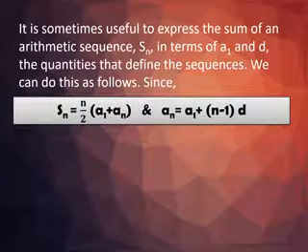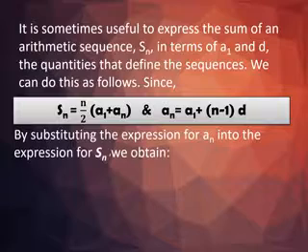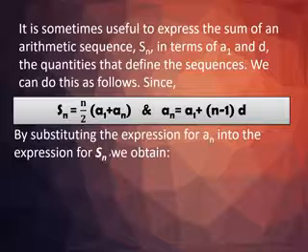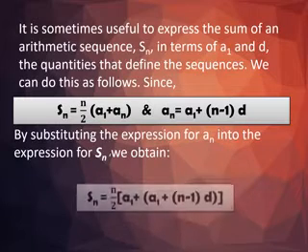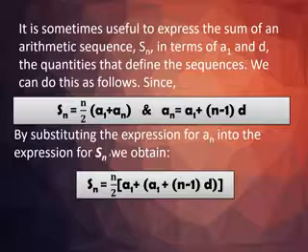Since S sub n is equal to 1/2 of n times the quantity a sub 1 plus a sub n, and the nth-term formula a sub n is equal to a sub 1 plus the quantity n minus 1 times d, by substituting the expression for a sub n into the expression for S sub n, we obtain S sub n is equal to n over 2 times a sub 1 plus the quantity a sub 1 plus n minus 1 times d.